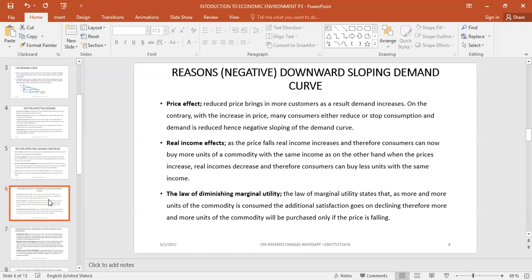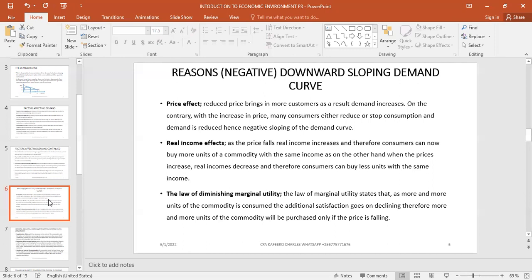When the person reaches that point, we expect that there is no more satisfaction the person is going to get in the consumption of an additional output or of an additional food. So the law of demand comes in the sense that when the person has reached that total utility, the person is already satisfied.